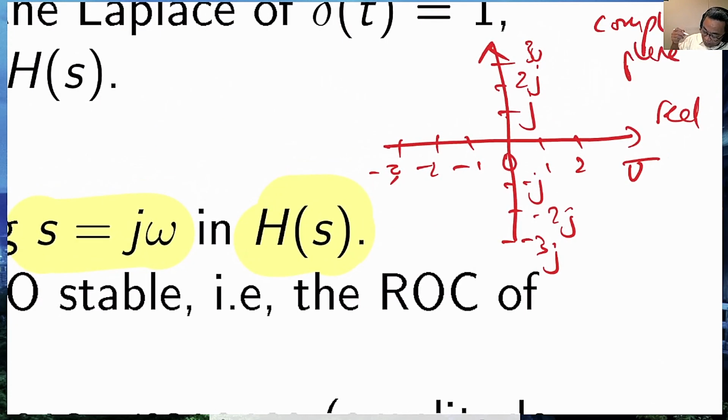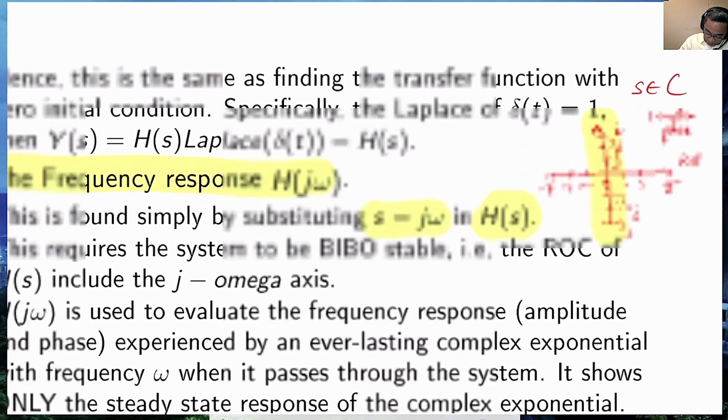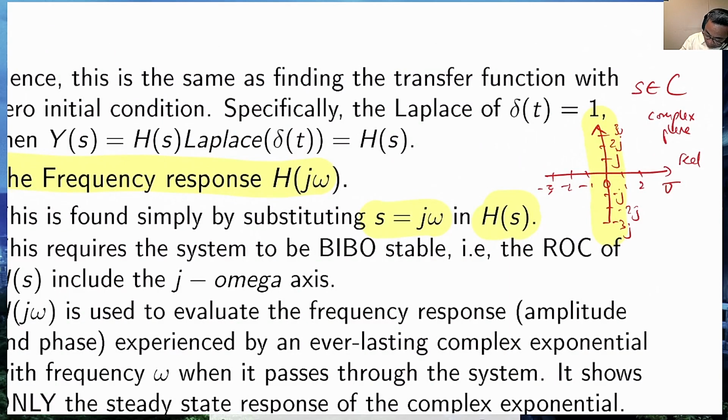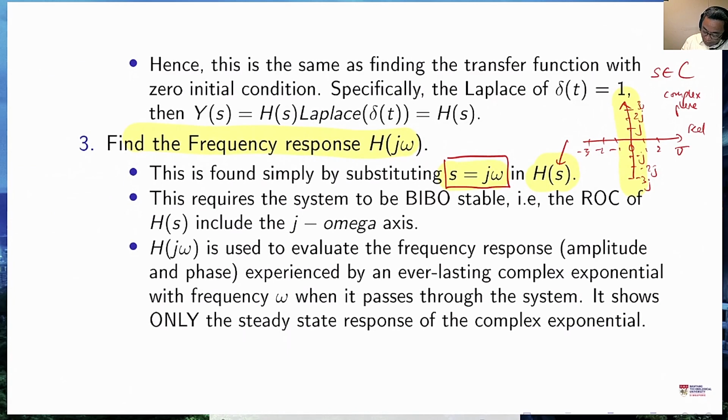When we set sigma equals 0, we are interested in only this line, the line of complex numbers stretching from minus infinity to infinity. So when we evaluate H(s) for sigma equals 0 and the entire j omega, we are evaluating along this line in the s plane, and we get the frequency response.